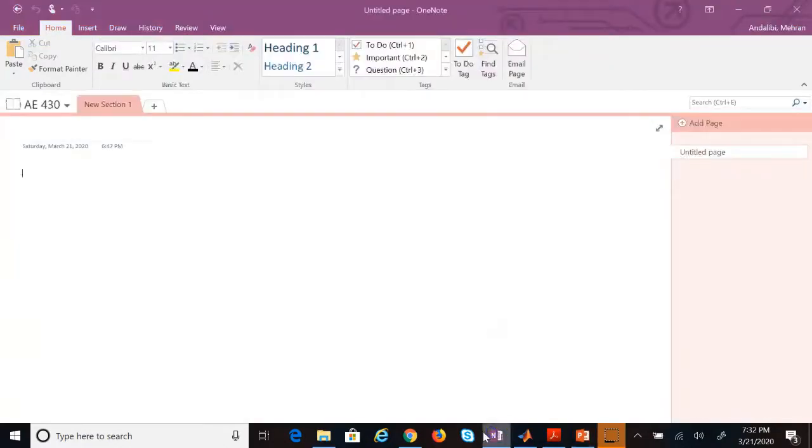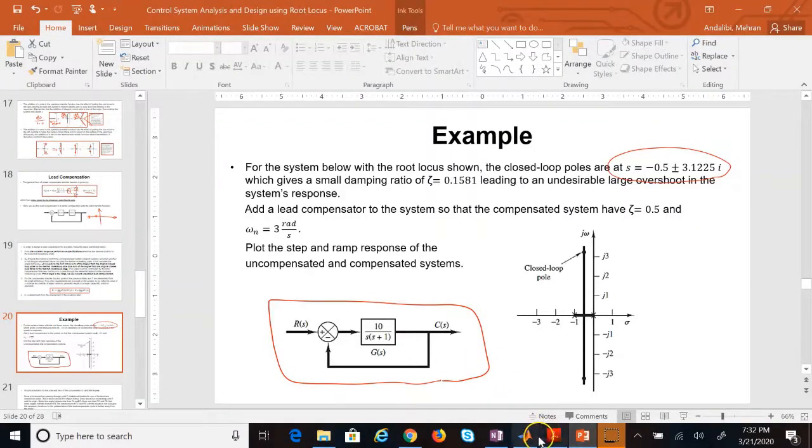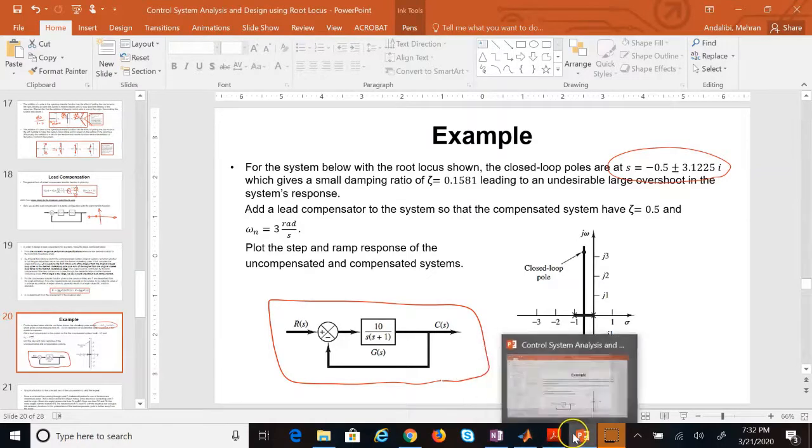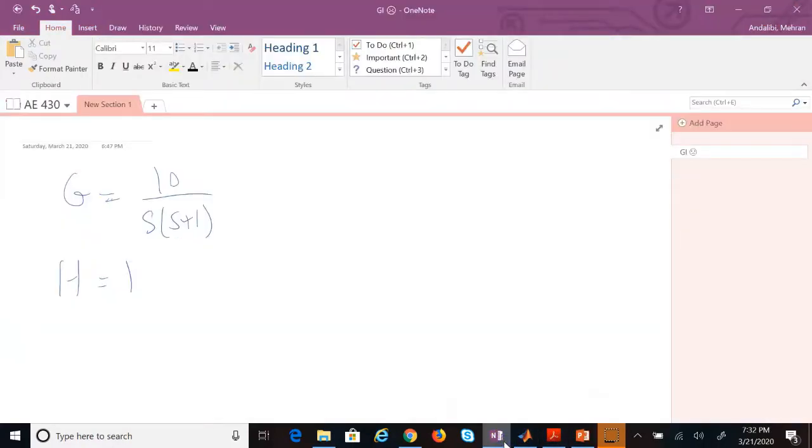So the G here is 10 over s times s plus 1, and H is simply 1, right? There is no transfer function in the feedback. And if somebody says, okay, where are the closed loop poles? Of course, first we find the closed loop transfer function.